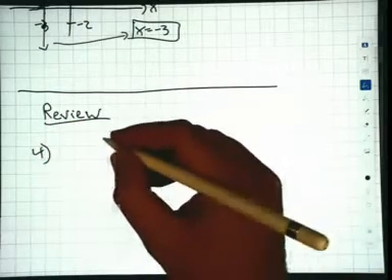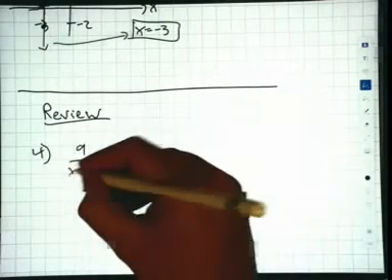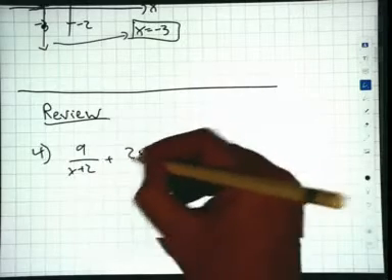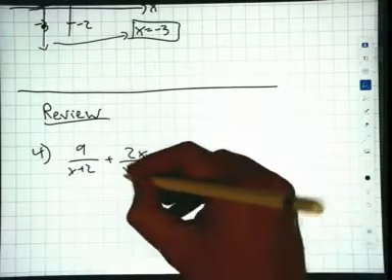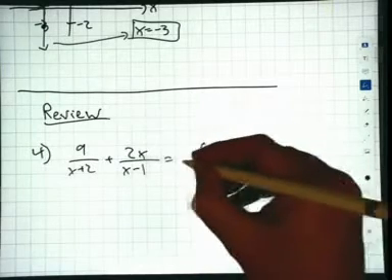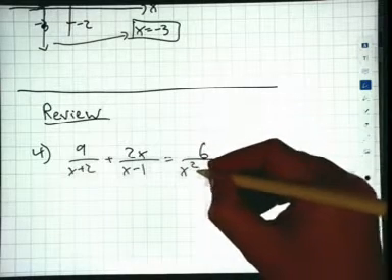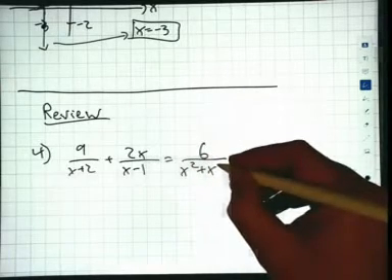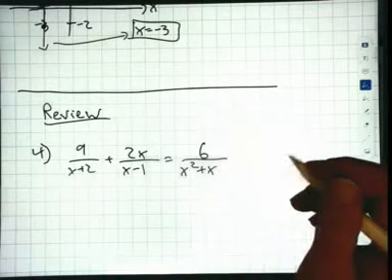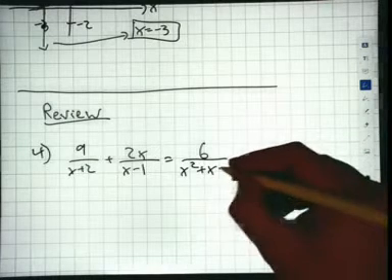We have 9 over x plus 2, plus 2x over x minus 1, is equal to 6 over x squared plus x minus 2.